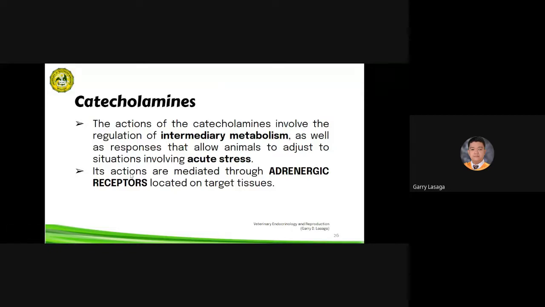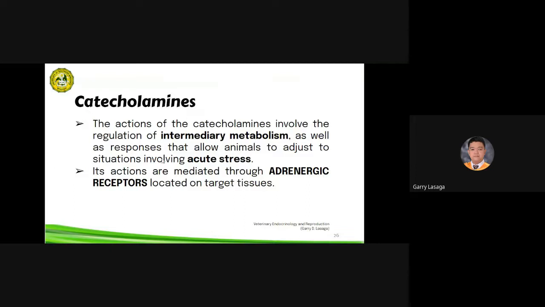So catecholamines, to be able to produce their biologic activity on the effector organ, must first act on a certain type of receptors, and those receptors are known as adrenergic receptors. And these adrenergic receptors are located on the target tissues.